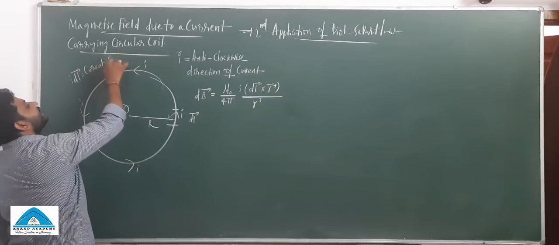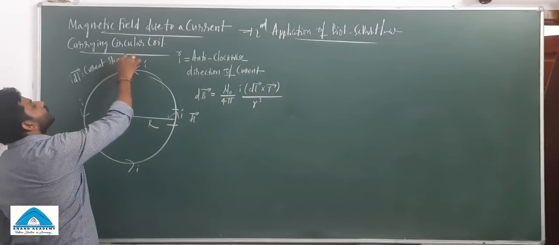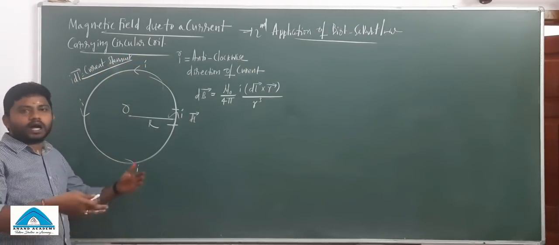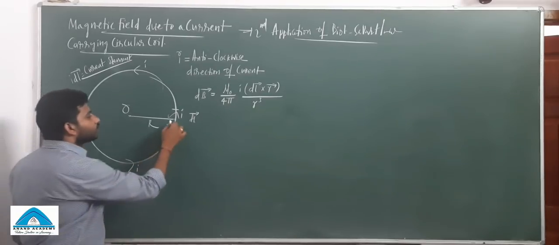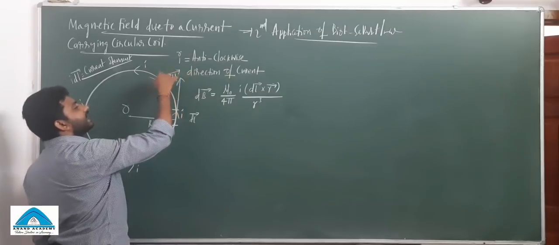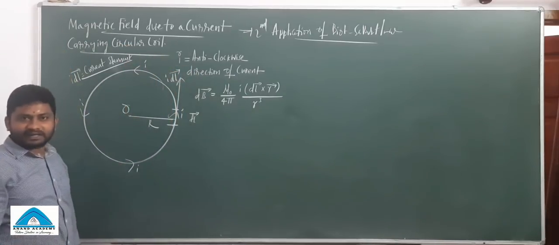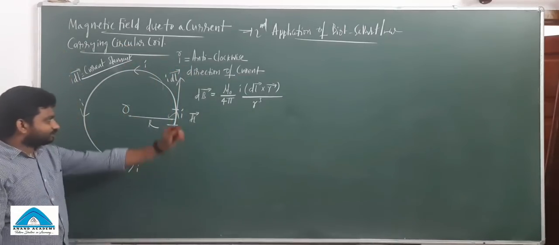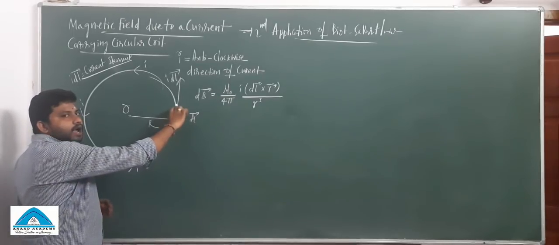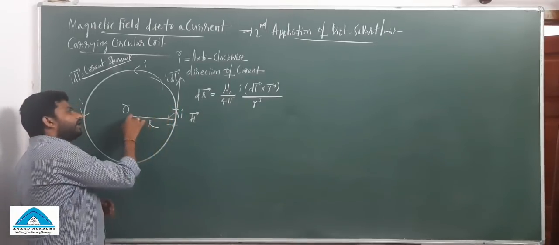So what is the current element direction here? The current element direction is in the direction of dl bar, or in the direction of current. So you can say this is your dl bar direction or I dl bar direction. And this is a point O.